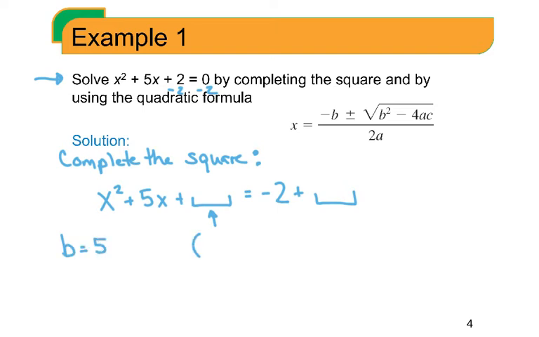This number, remember, is 1/2 b squared, which in this case will be 5 halves squared, which is 25 over 4.